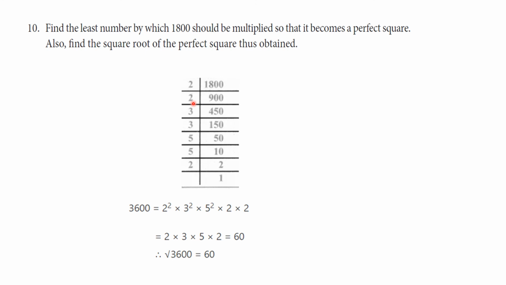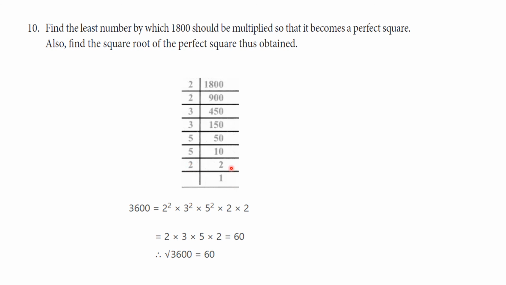So 2 4s are 8, 2 5s are 10, 0, and 3 means 1, 3 is 3, 15, 5 3s are 15, 0. Next divide by 3: 3 5s are 15, 0, 5. 5 means 5, 5 1s are 5. Next 10, 5, 2 5s are 10, 2 1s are 2.